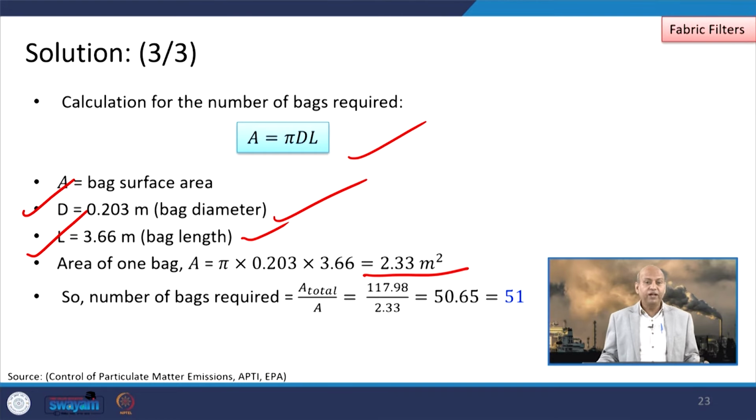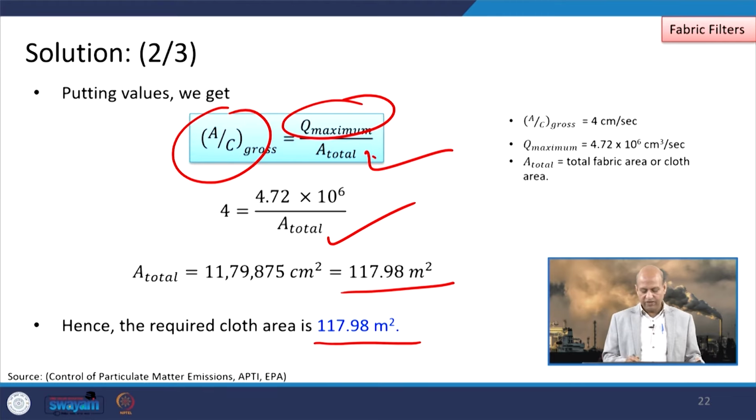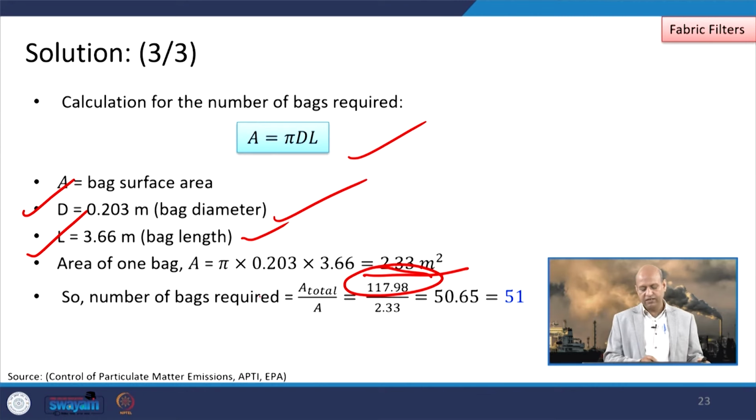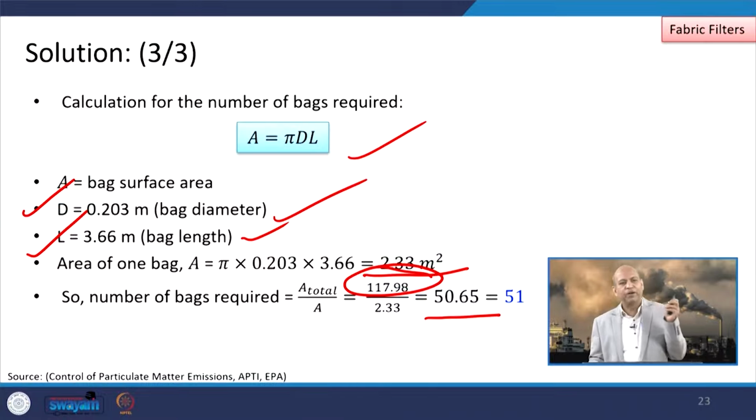The number of bags required follows from the total area we have already calculated, around 118 square meter, or 117.98, divided by the area of one bag. So, the number of bags is around 50.65. The number has to be whole, we can't have half a bag or a fraction. So, 50.65 means 51 bags.